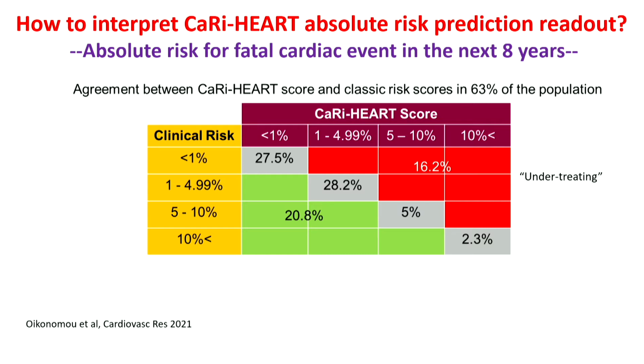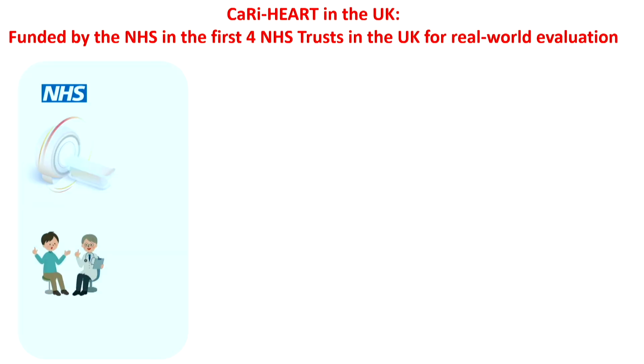And based on this, we realize that we are currently under-treating 16.2% of the population having cardiac CT scans. So 16.2% of the population is not receiving the appropriate medication, and there is no way to know that this patient is not receiving the appropriate medication unless you measure this kind of inflammatory burden.